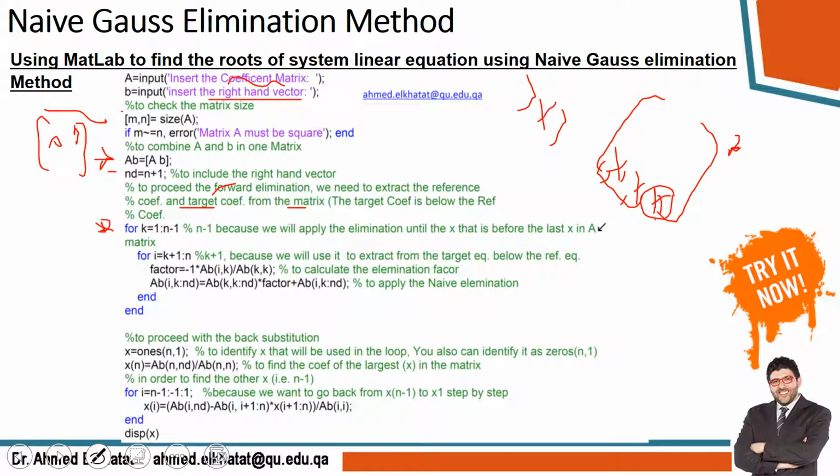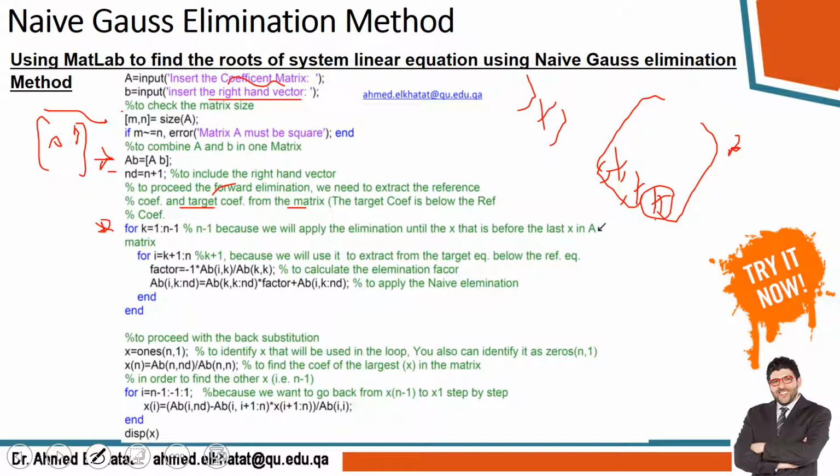For this we put another loop, for i equal k plus 1 until n. Remember that we use i to identify the row number.